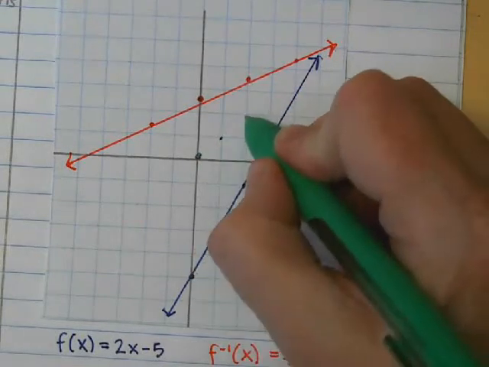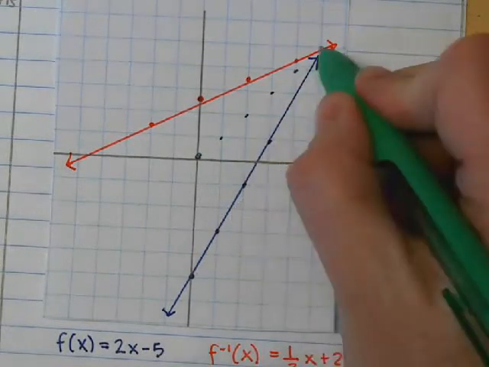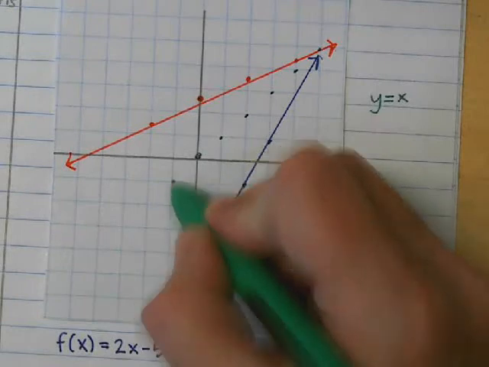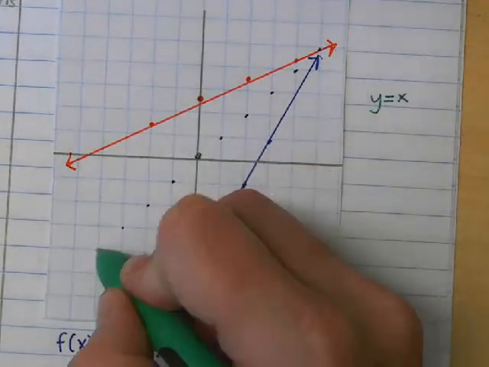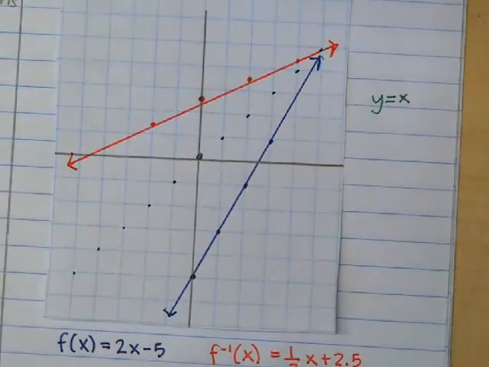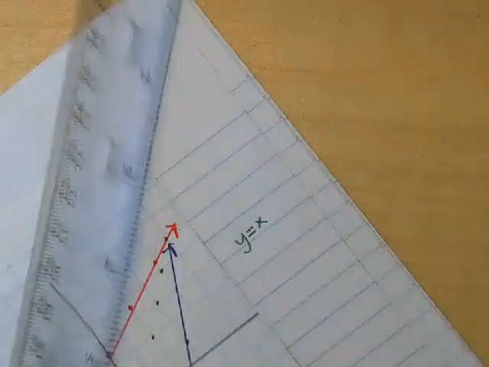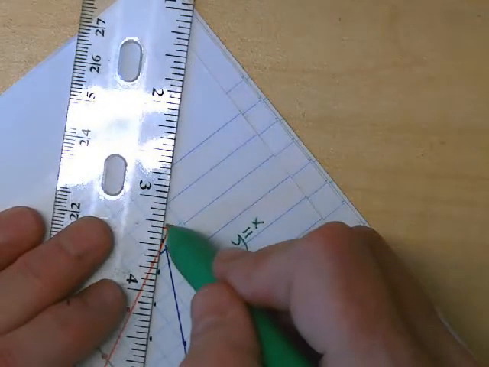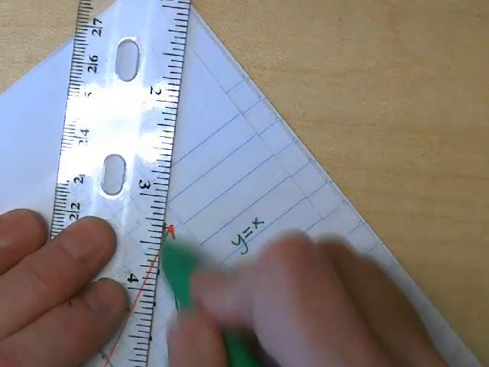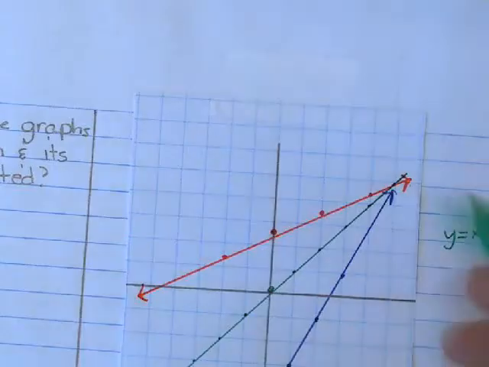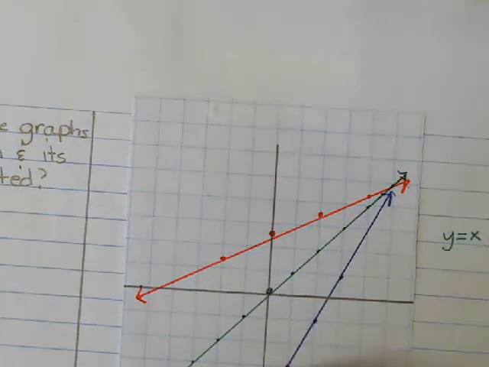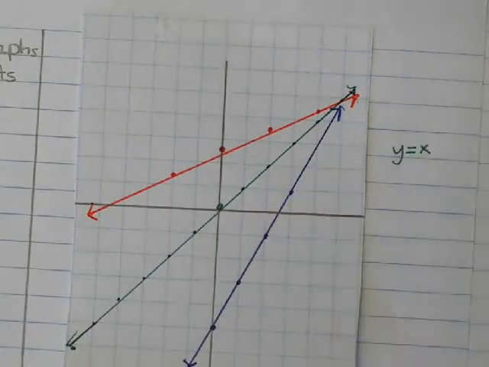So it just goes at a perfect 45-degree angle. Anytime you hear about the y equals x line, I want you to have an automatic thought in your head: oh, that's a line that goes right through the origin. It's at a 45-degree angle.